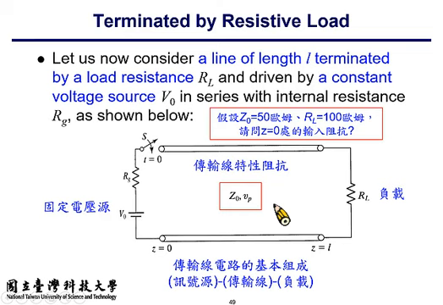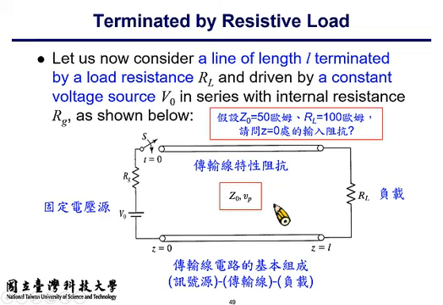VP stands for velocity of propagation or velocity of phase, which suggests the propagation speed of the E and H fields, or voltage and current, on the transmission line.